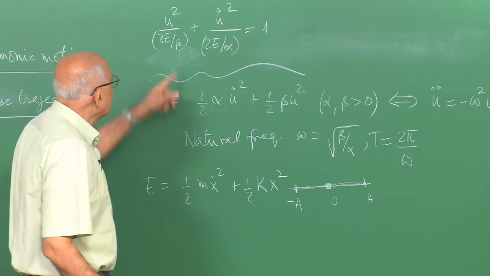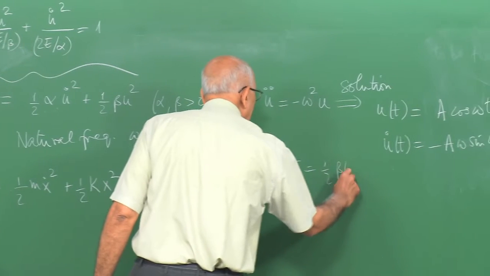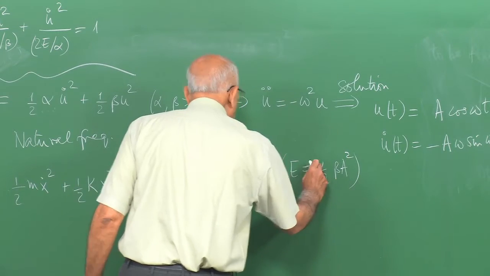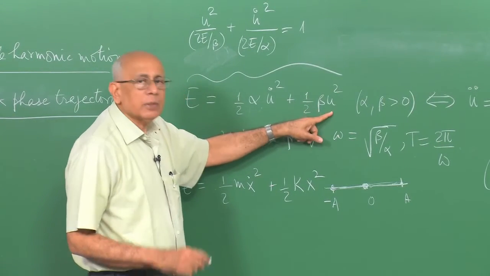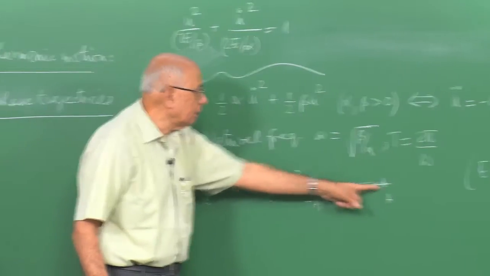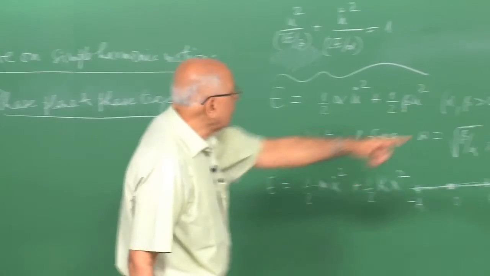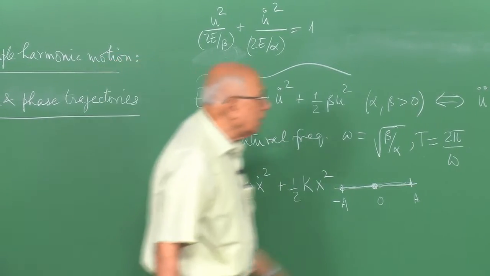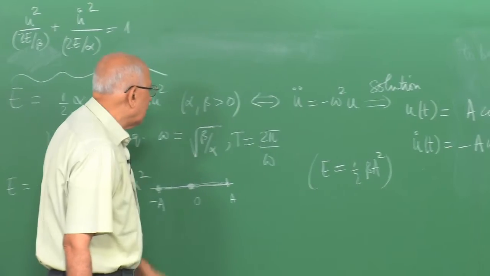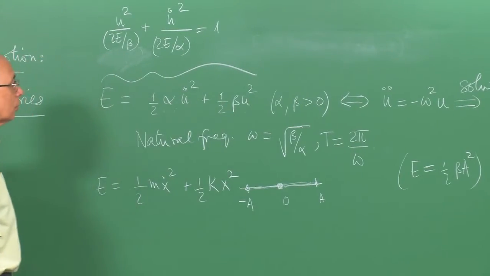We already know that the energy is related to the amplitude, in this case by E equal to 1/2 beta a squared, because when the kinetic energy is 0, the potential energy is at a maximum, and that happens when u is at a maximum, which is a out here. So this equation that I have written there is nothing but this, it is the same thing. All you have to do is to identify E with 1/2 beta a squared and omega squared with beta over alpha, and it is the same ellipse as before.